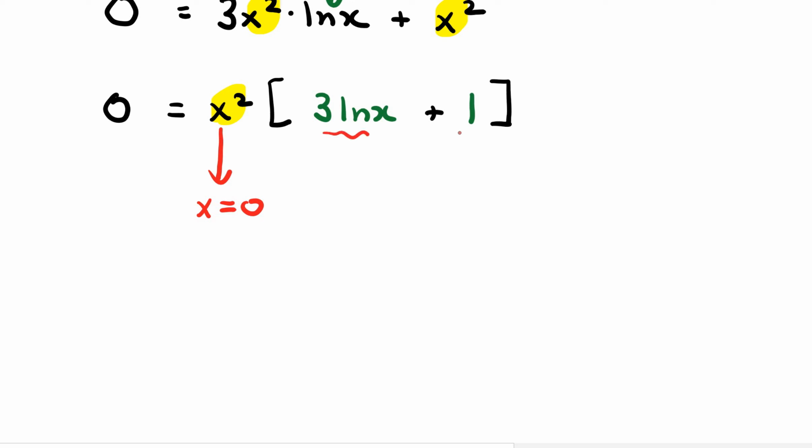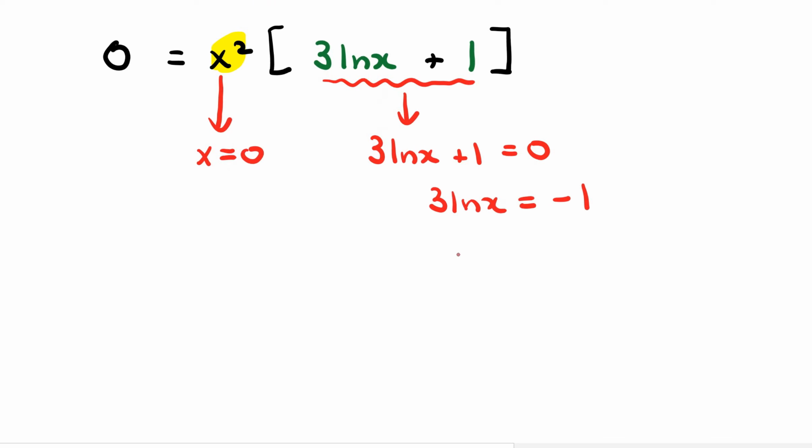Then if I take this expression and set that equal to 0, I basically have 3 ln x plus 1 equals 0. If I solve for x, I can bring the 1 to the other side, that becomes negative 1. Divide both sides by 3, so I get negative 1/3. Then I can raise both sides to the power of e.